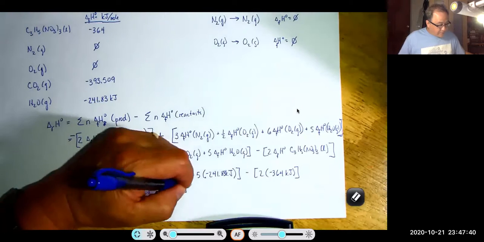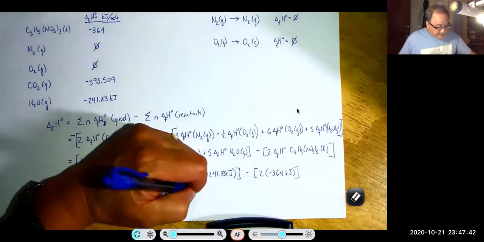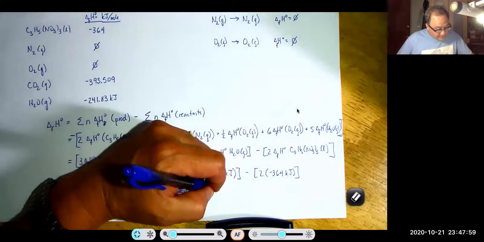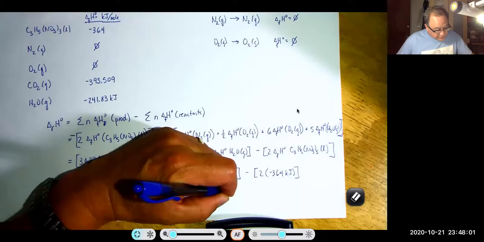And I'm going to end my bracket, and I'm going to put minus 2 times 364, which should be close to negative 700, right? So 364 times 2, and I get 728 kilojoules.